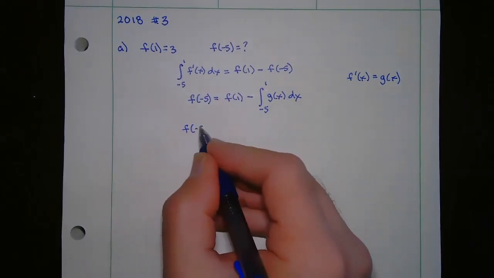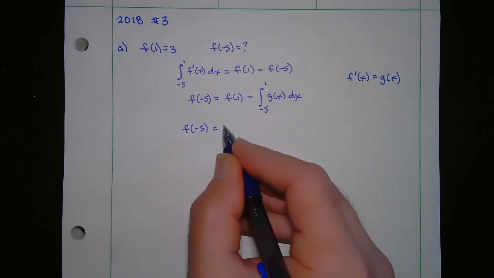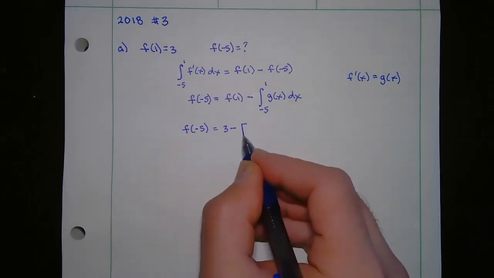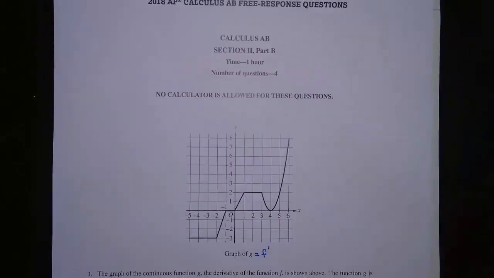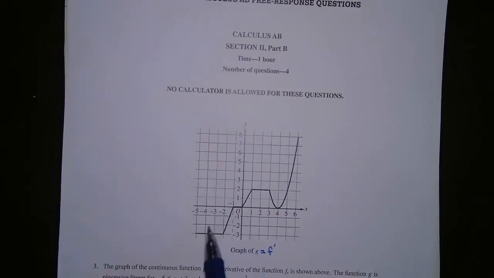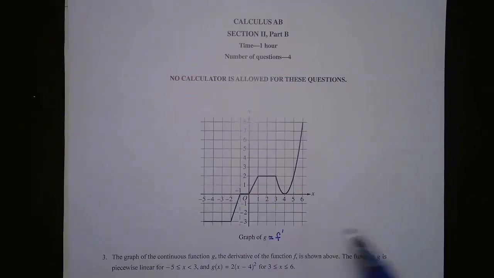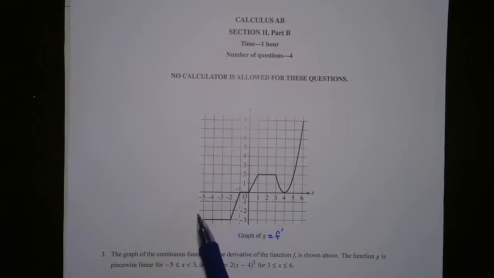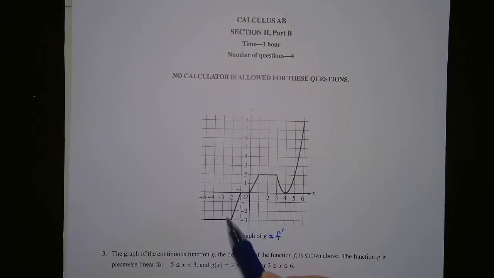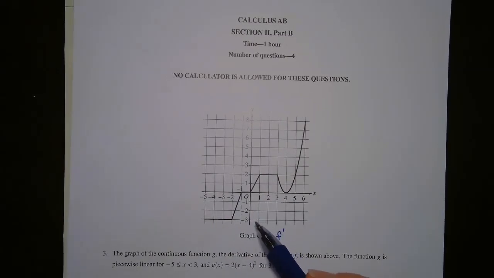So f of -5 is equal to 3 minus, and then I'm going to use areas to figure out the integral from -5 to 1. I'm going to break this up. One way is you could see this as a trapezoid, or you could see it as a rectangle and a triangle. I'm going to do it as a rectangle and a triangle.